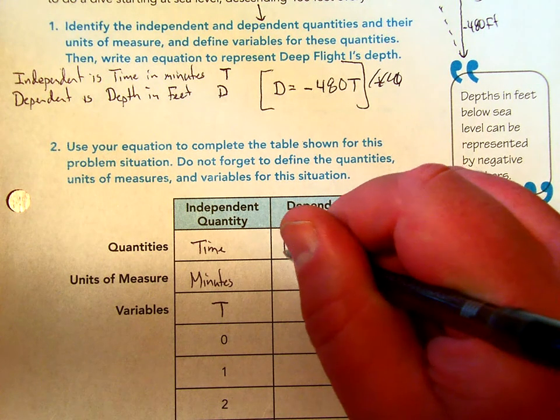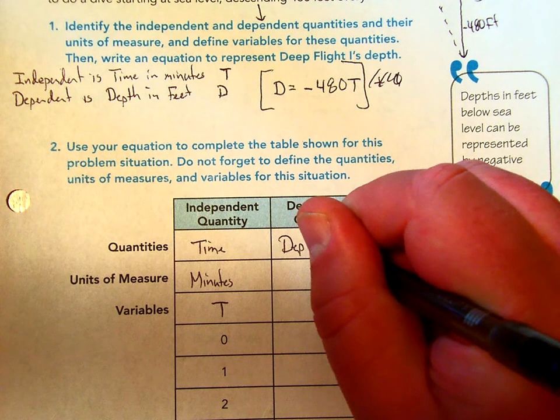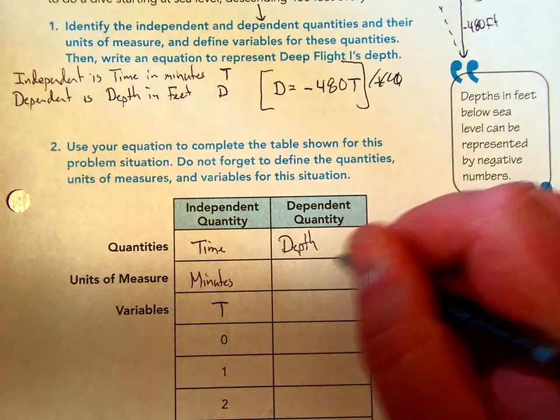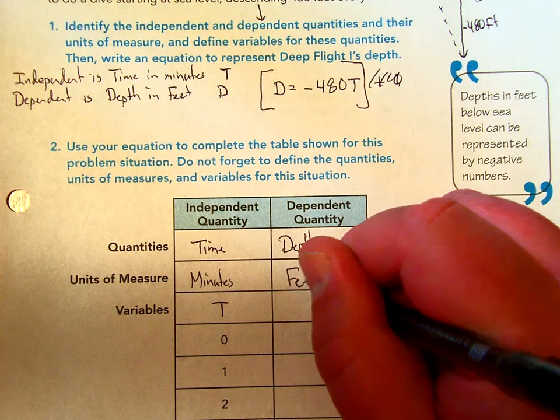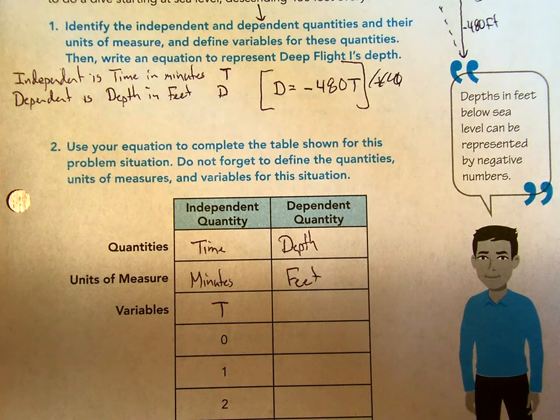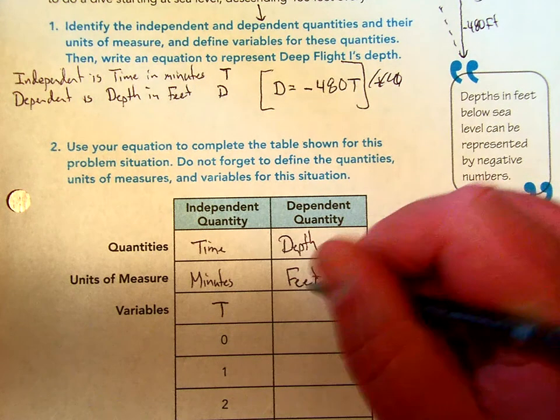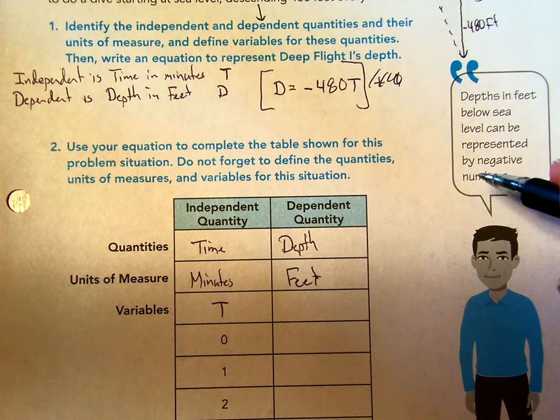The unit of measure for depth that we're using in this case is feet. They could have used fathoms, leagues, like 20,000 leagues under the sea, meters, centimeters, inches, miles. Again, these are just the two units that they chose for this problem type. And the variable for depth we used was D.